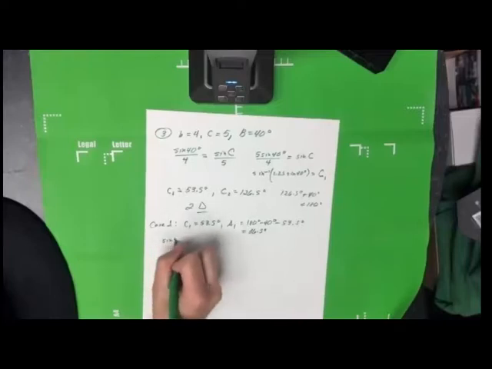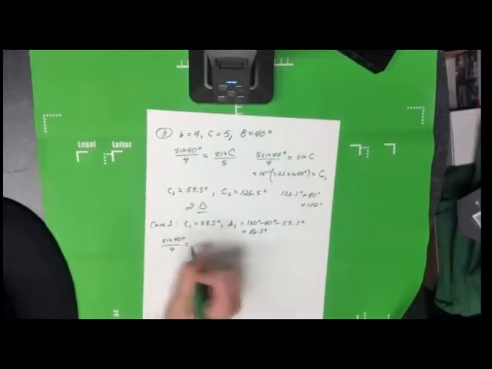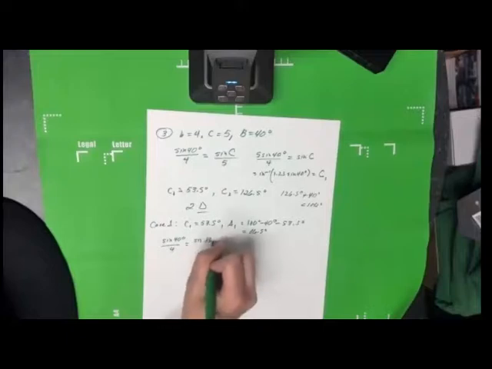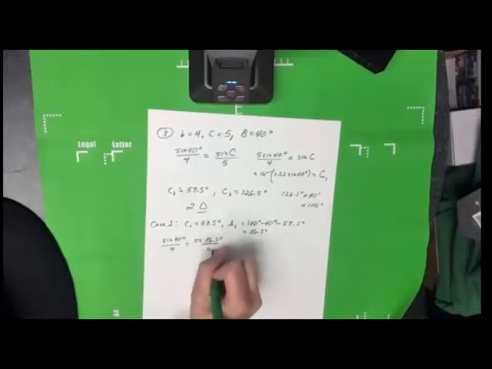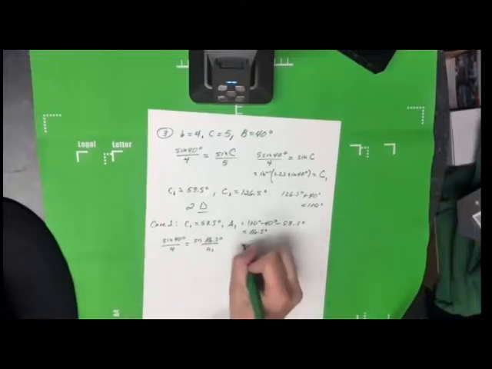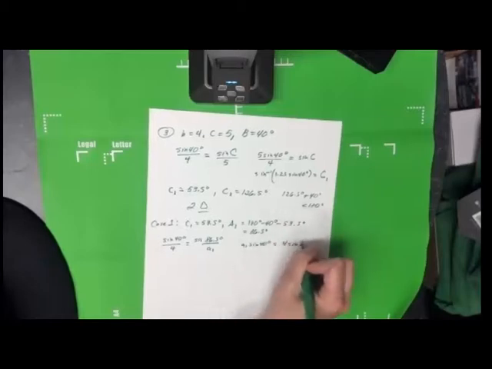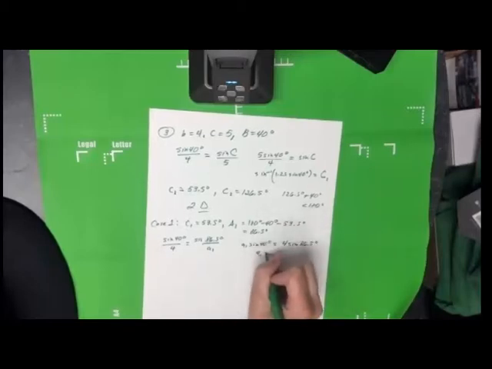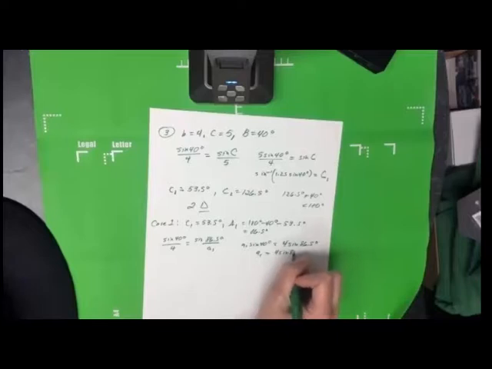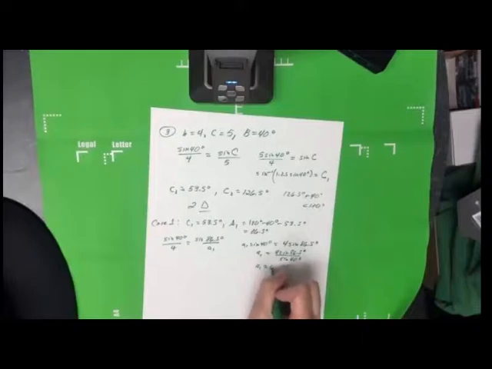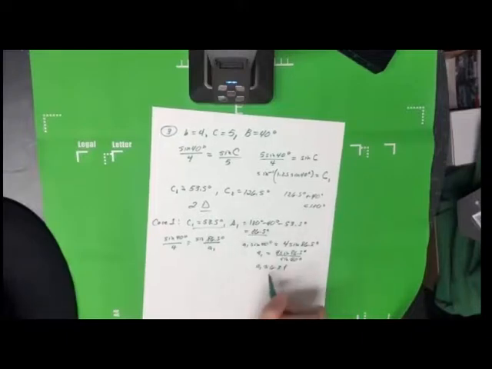So I've got sine of 40 is to 4 as sine of 86.5 is to A1. So A1 times sine 40 is 4 times sine of 86.5. A1 is all that, divide, and so you get that A1 is about 6.21. All right, so that's case 1.